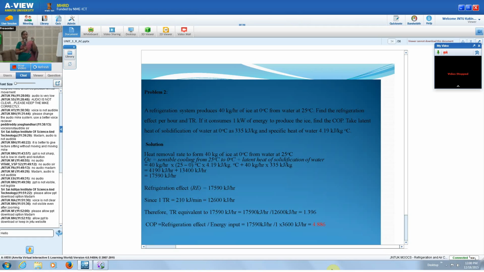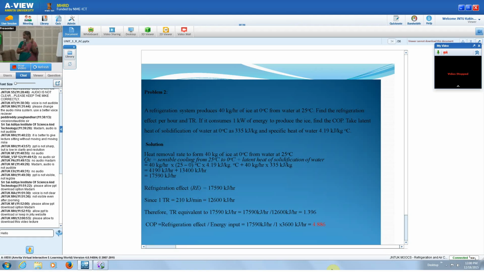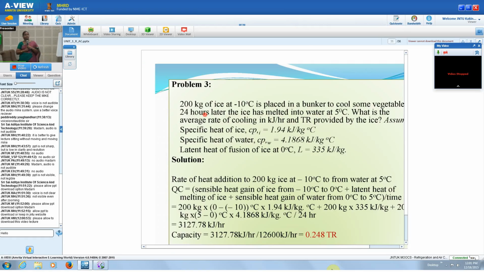You first find out the total heat to be removed, or the total refrigerating effect required. Then you find out the tonnage required, how many tons of refrigeration is required for converting this water to ice. Then find out COP. Then you can take another problem.